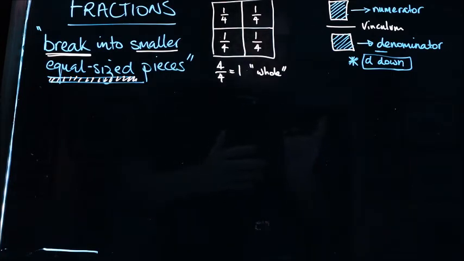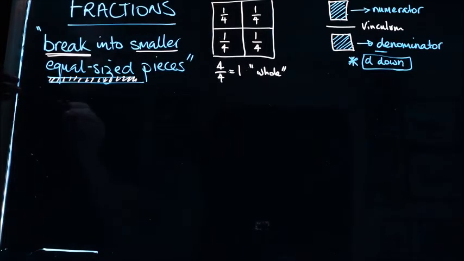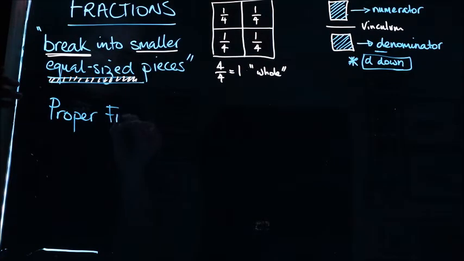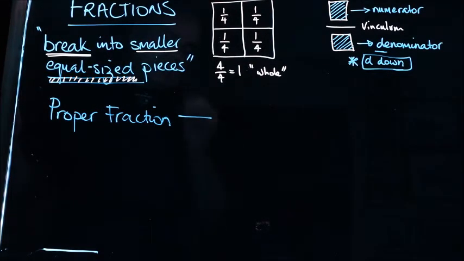So there's different types of fractions, and the first one is a proper fraction, where the numerator is smaller than the denominator. Okay, so I'm just thinking, like what I was saying there, it could be any number.